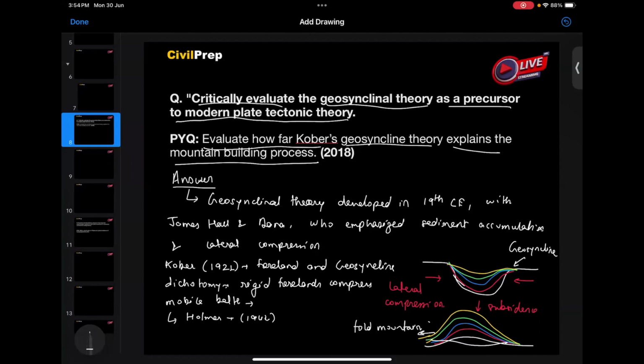Under the development of the quantitative revolution, he added thermal convection as a driving force, and he shifted the paradigm towards endogenetic mechanisms.